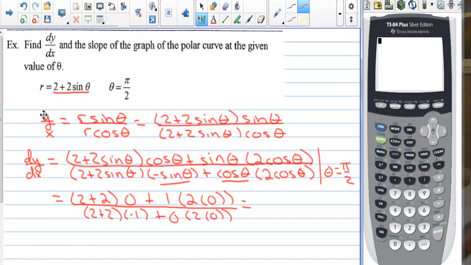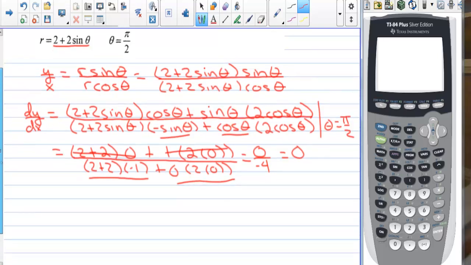So we'll have 0 there, and we'll have 0 here. 0 over negative 4, and that is 0. So it turns out to be 0. So apparently at pi over 2, the slope of the tangent line is 0.